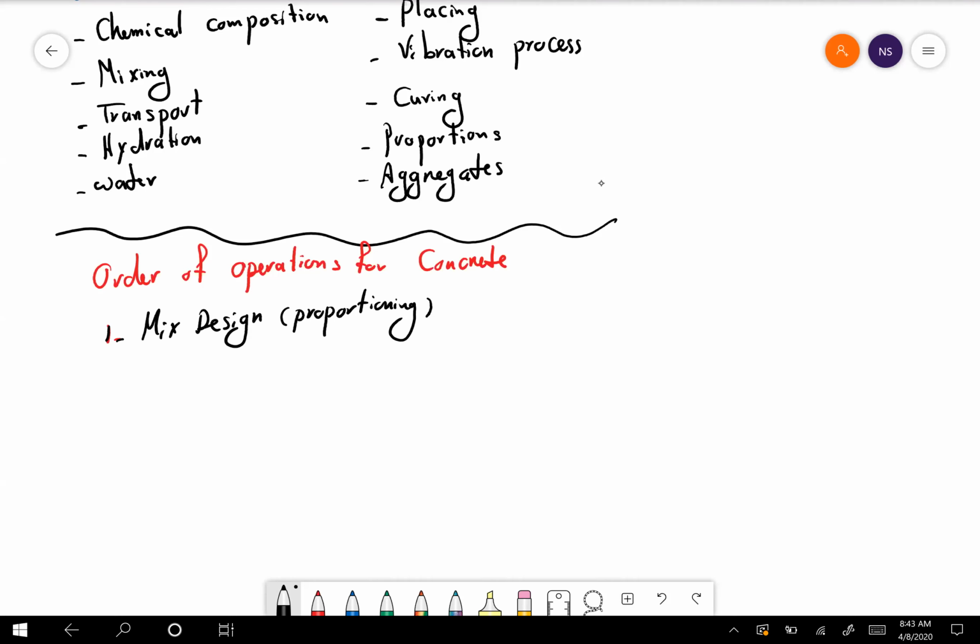Right? And then the second step is the trial mixes. You need to mix different proportions in the lab and test them for concrete durability and strength to make sure which mix is the best one.